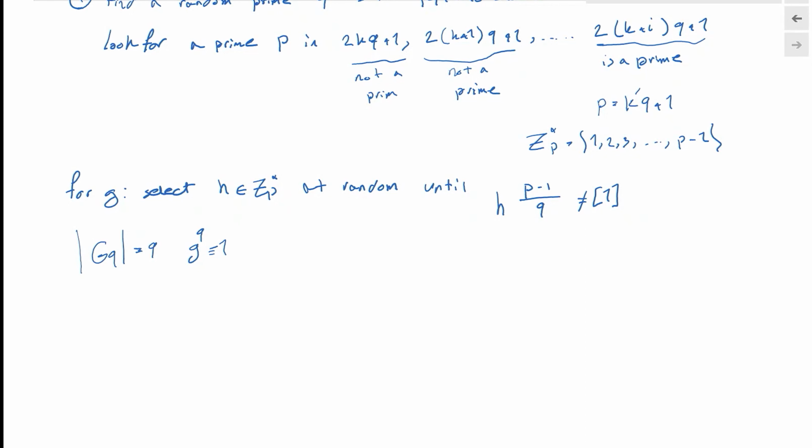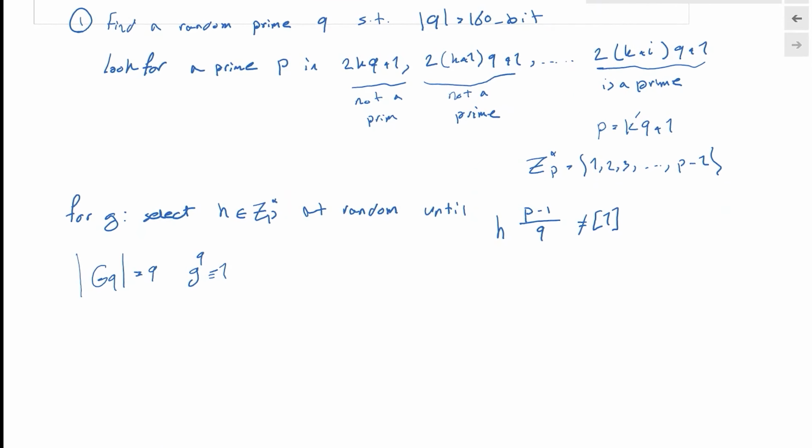We need to make sure that the H we find is not the generator of the group P. If you go back to chapter 3, we have tons of details on why we do this test, and this is the same algorithm we had there. Now we just want to check the equality for one of these groups. So this is the way we want to find our generator.